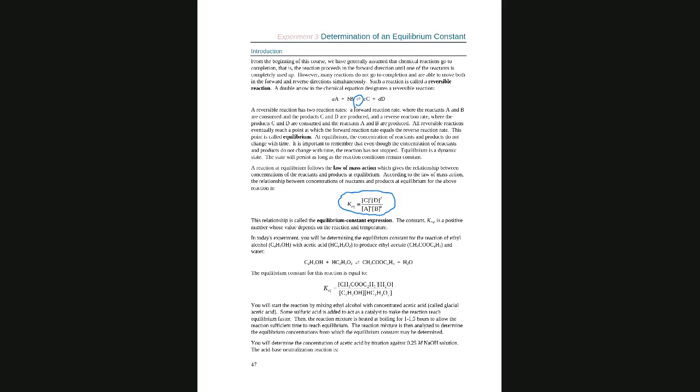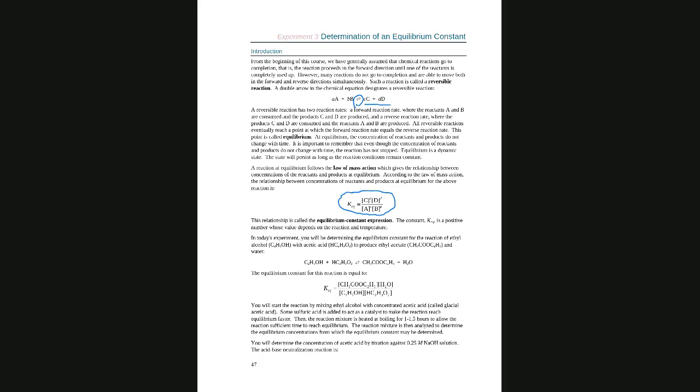And what is the equilibrium constant? Well, you see it here. Basically, it is the equilibrium ratio of the products, which are C and D in this reaction, to the reactants, which are in the denominator, A and B, raised to the coefficients in the balanced equation. What are the coefficients?